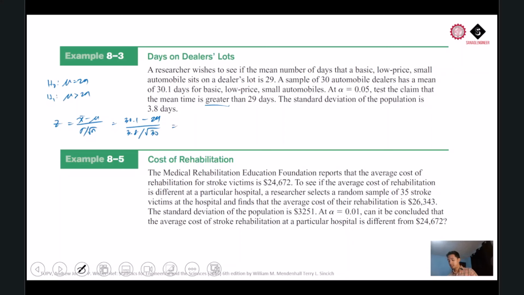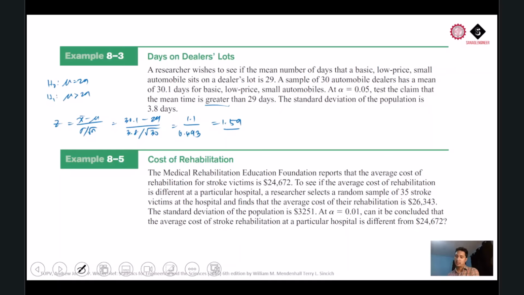So the value of that is 30.1 minus 29, 1.1, divided by 3.8 divided by square root of 30. The denominator is 0.693, and the result is 1.59.